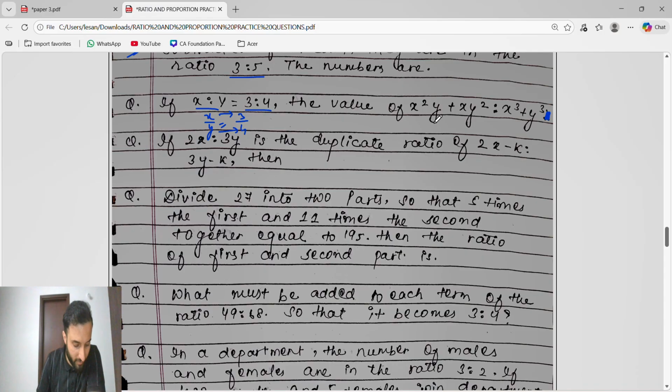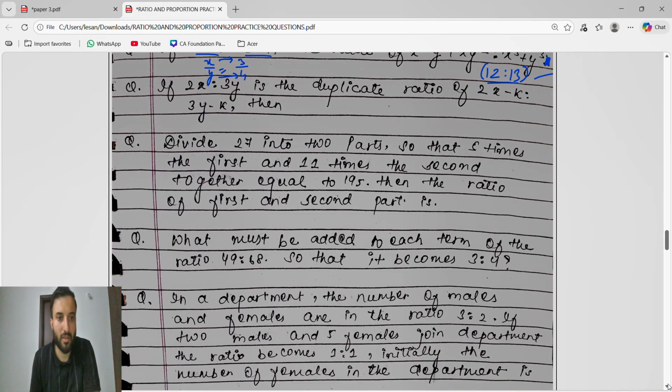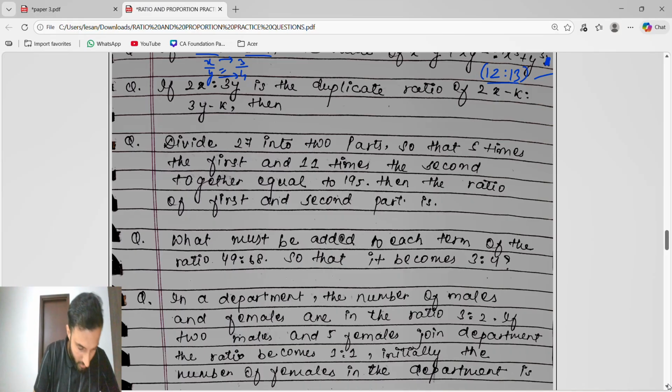I will write down the answer guys. The correct answer is 12 is to 13. Just substitute x is 3, y is 4 in this and check whether you are getting 12 is to 13 or not. Okay, obviously guys, you will get it. Guys, see here. Wait.